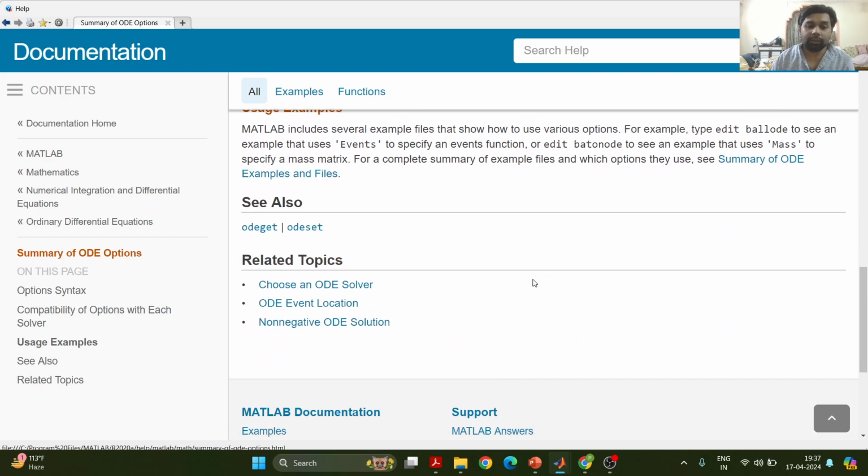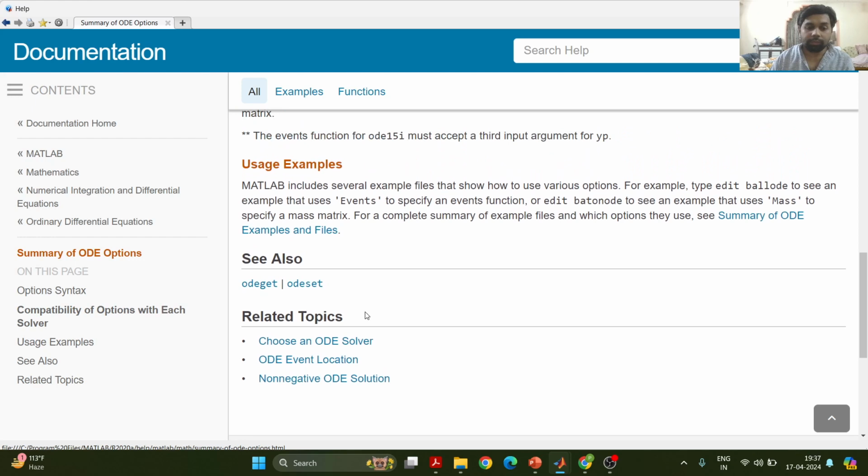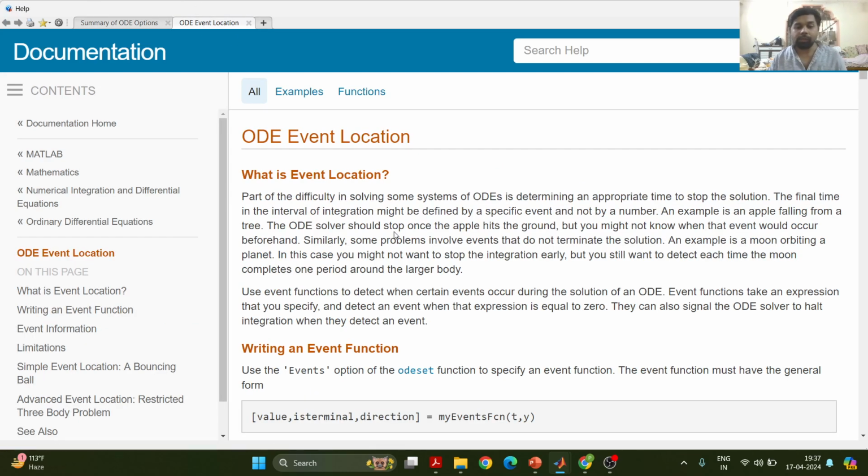In that, there is a topic known as ODE event location. You can go through that. We are using this events functionality in this example.